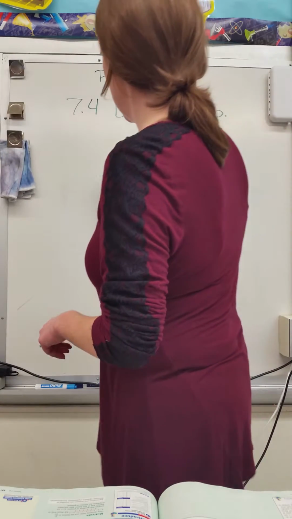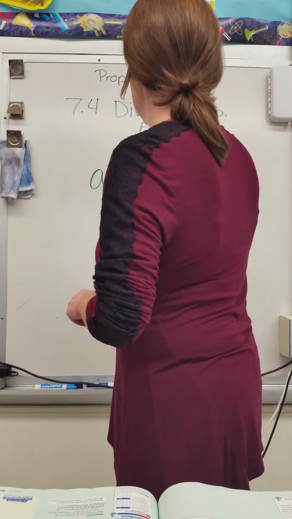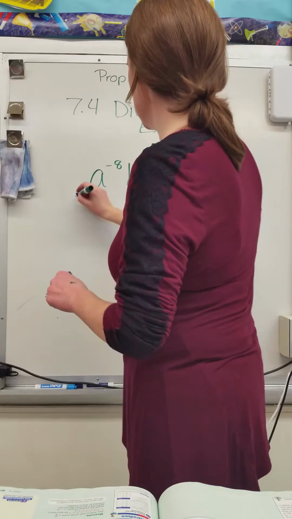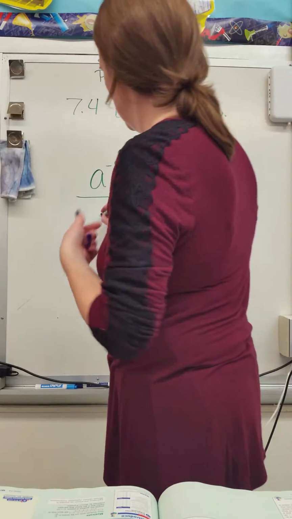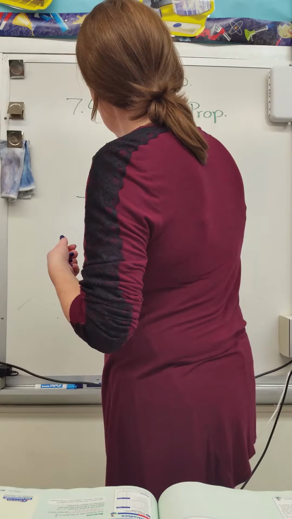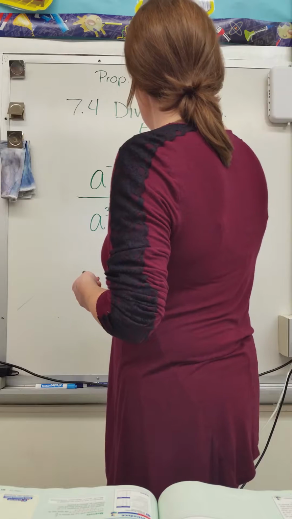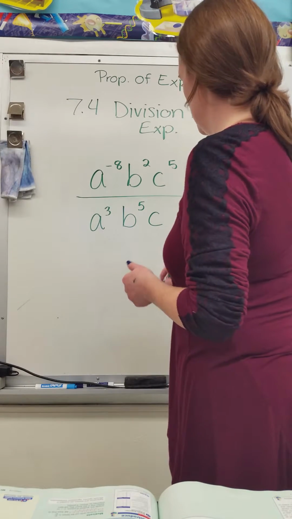So if you had, say, a to the negative 8, b squared, c to the 5th, and then you had a to the 3rd, b to the 5th, c, we'll just do c.